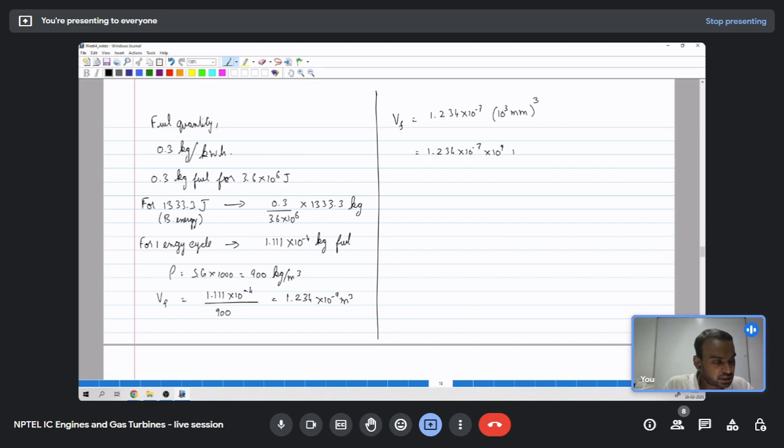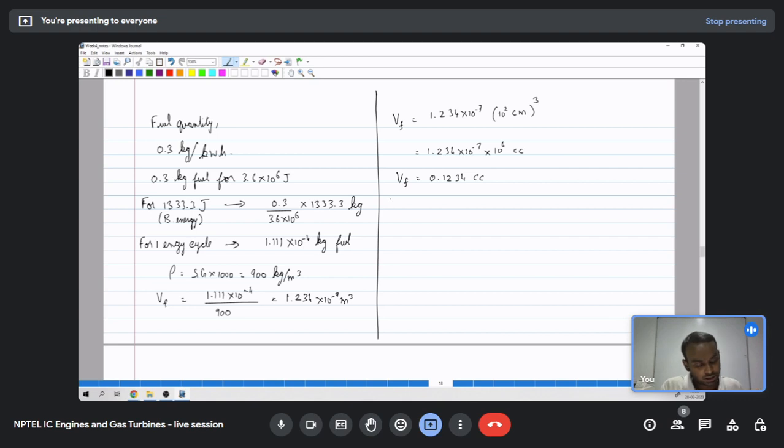Actually, I need it in cc, so I should write in terms of centimeters. I would have 10 power 2 centimeters, then 10 power 6 cc, centimeter cube becomes cc. Now we will have 0.1234 cc. This is the volume of fuel that is required by the engine for every cycle.